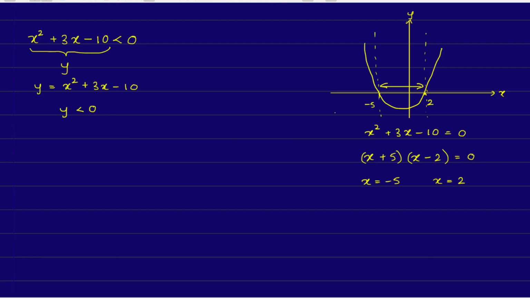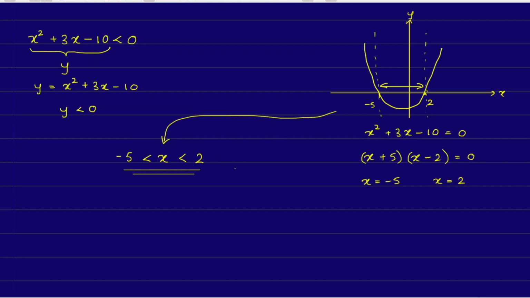And therefore, from this graph, we get that the values of x that satisfy this inequality are x greater than minus 5 and less than 2. Note that since this is a continuous range, we can write the inequality like this, unlike the separate form that we used earlier.